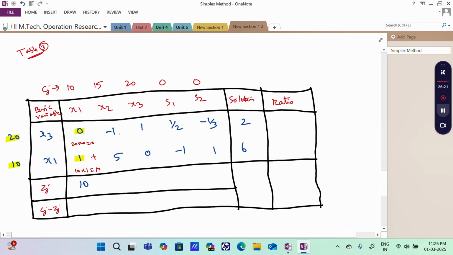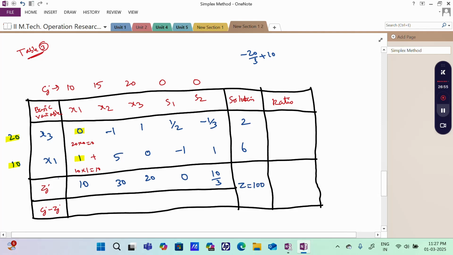Then 20 into minus 1, minus 20, plus 50, when adding gives 30. Then 20 into 1 by 2, 10, 10 minus 10, 0. Then minus 20 by 3 plus 10, so 10 by 3. Then 20 into 2, 40, 10 into 6, 60. So Z equals 100.